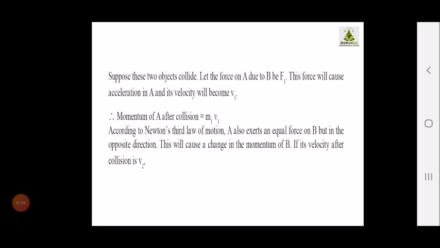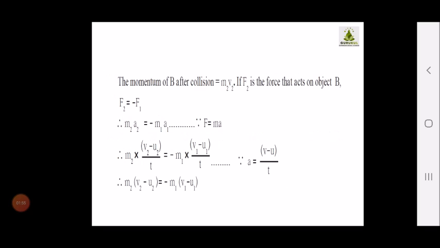If we apply Newton's third law of motion, we come to know that A also exerts an equal force on B but in the opposite direction, and this will cause a change in the momentum of B. If its velocity after the collision is v2, what will be the momentum of B after collision?